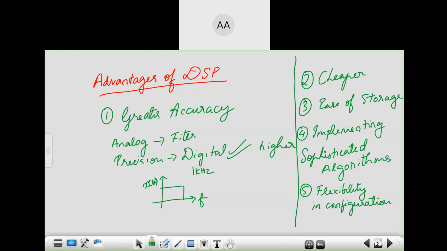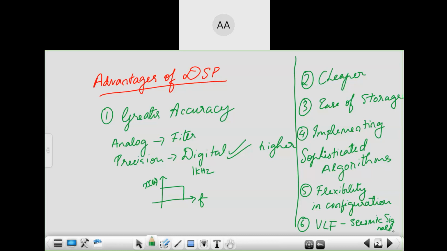Apart from this, for very low frequency applications, an example would be your seismic signals. Very low frequency means that even to measure the frequency components itself is very difficult.